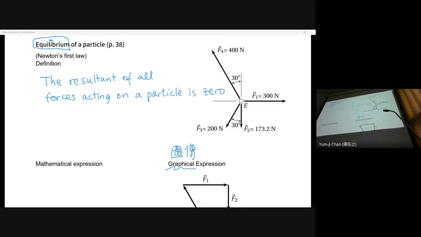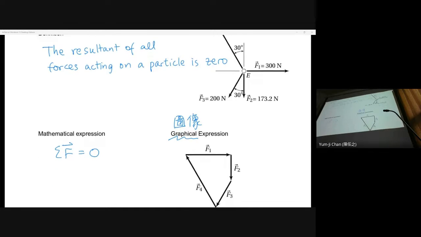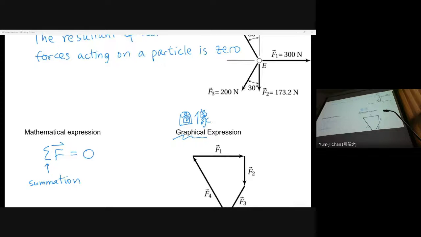Of course, I assume you know how to write this in mathematics. So here it is summation of F equal to 0. This one we say as summation. We add everything together, it is summation, okay? This is the mathematical expression.